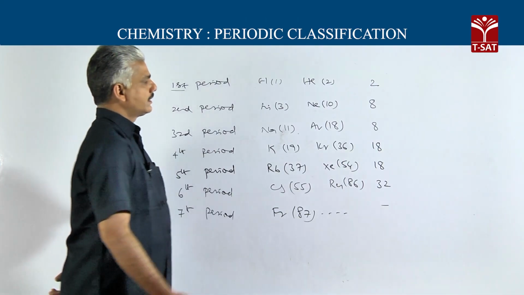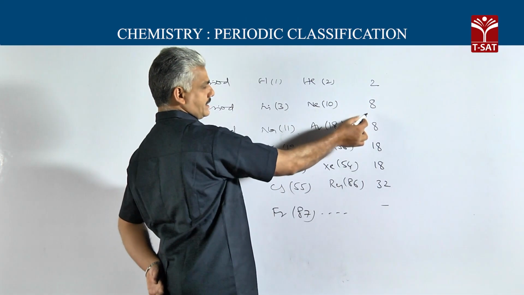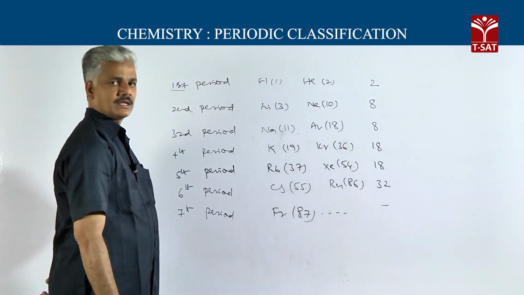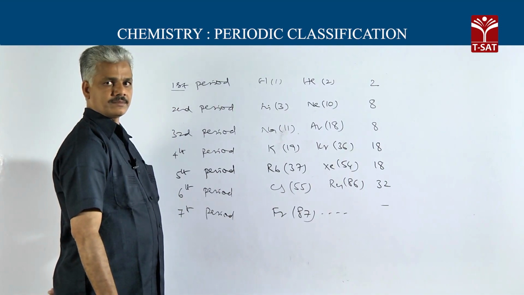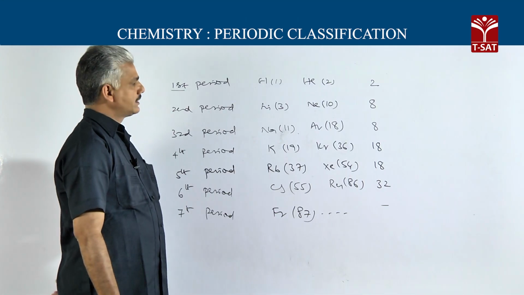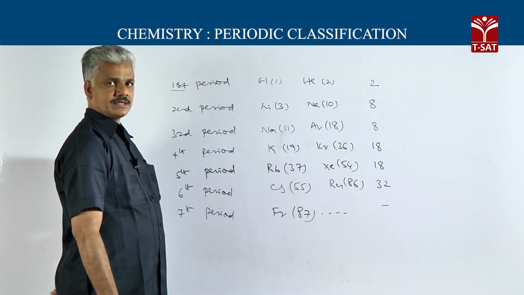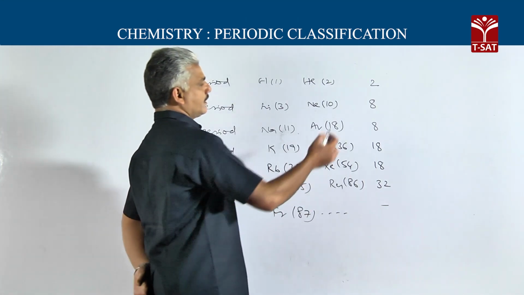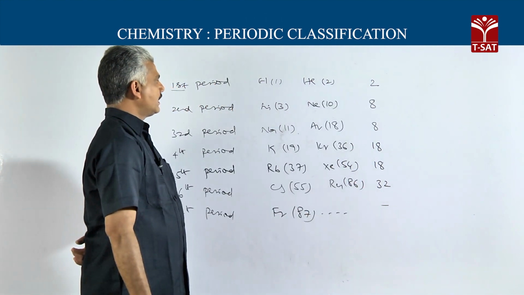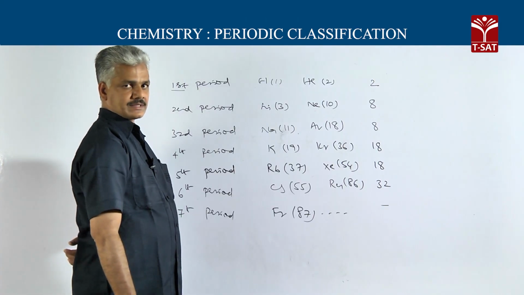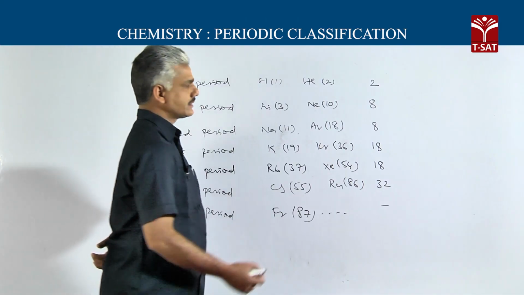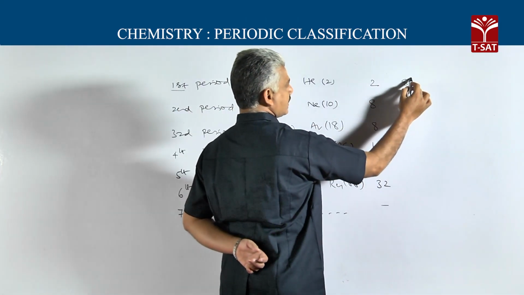These numbers 2, 8, 8, 18, 18, 32 are called magic numbers in the periodic table, because at these intervals of atomic numbers, the properties of elements get repeated. Based on the number of elements present in each period, they are given specific names. As the first period consists of only 2 elements, it is known as the shortest period.